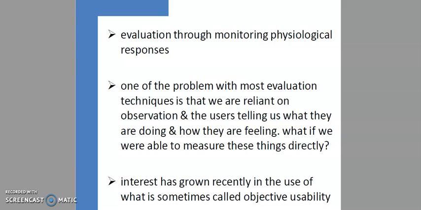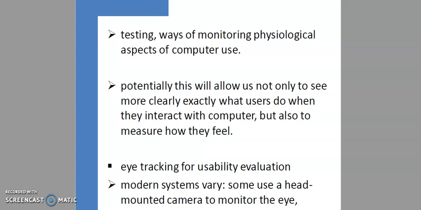Interest has grown recently in the use of what is sometimes called objective usability testing, ways of monitoring psychological aspects of computer use. Potentially, this will allow us not only to see more clearly exactly what users do when they interact with the computer, but also to measure how they feel. So this is the query techniques.